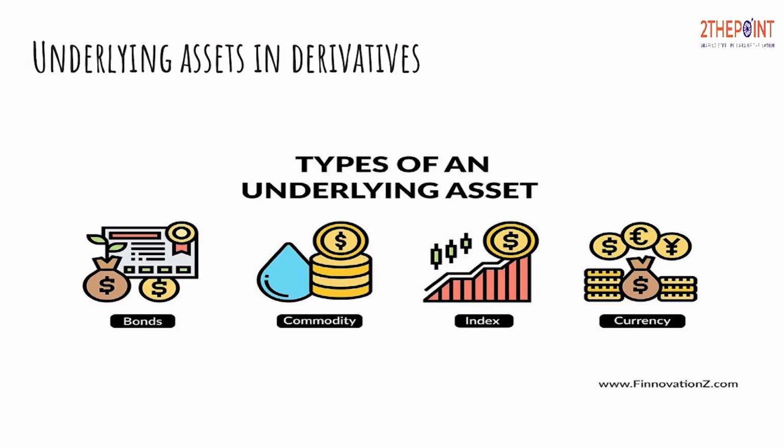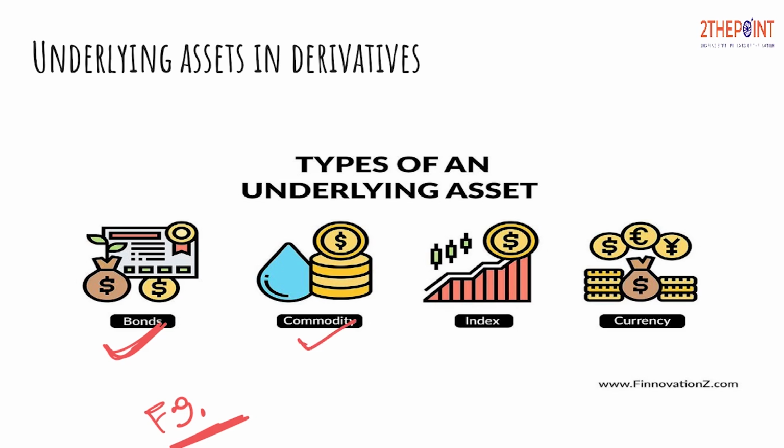Now moving on to the next slide, which shows what the underlying assets are in case of derivatives. It could be bonds. If my financial instrument is dependent on the underlying asset, which is a bond, then whenever the price of this bond changes, the price of my derivative, that is the financial instrument, also changes.